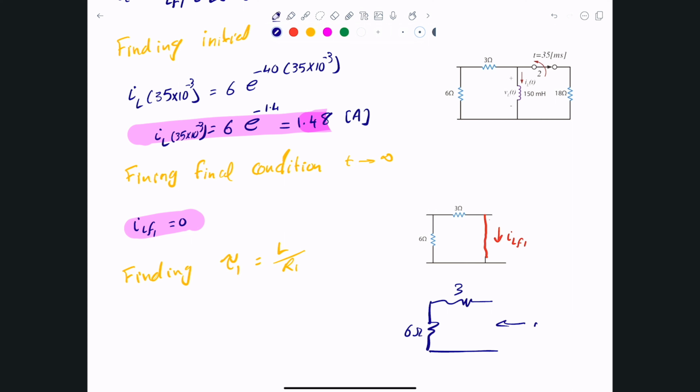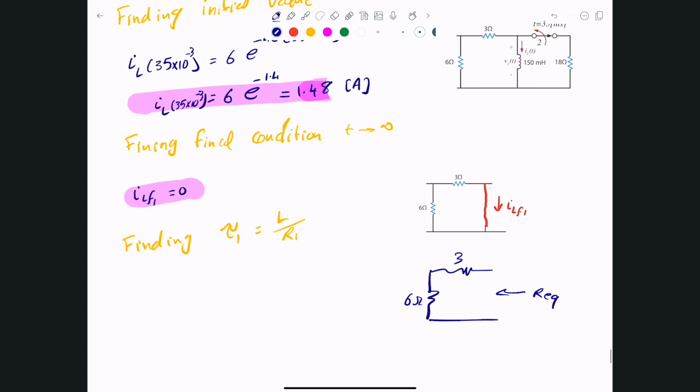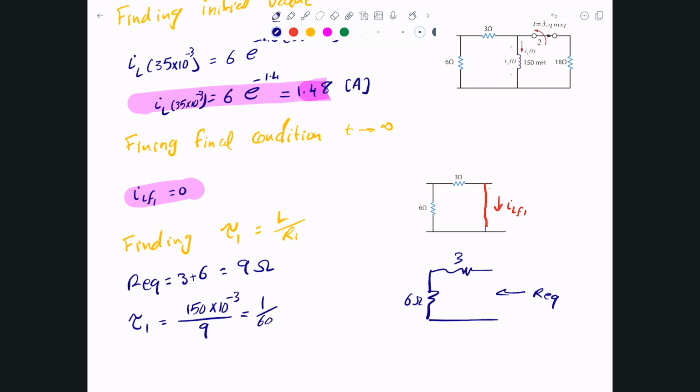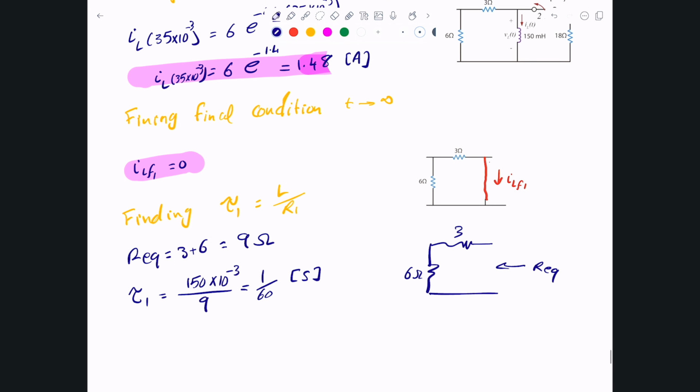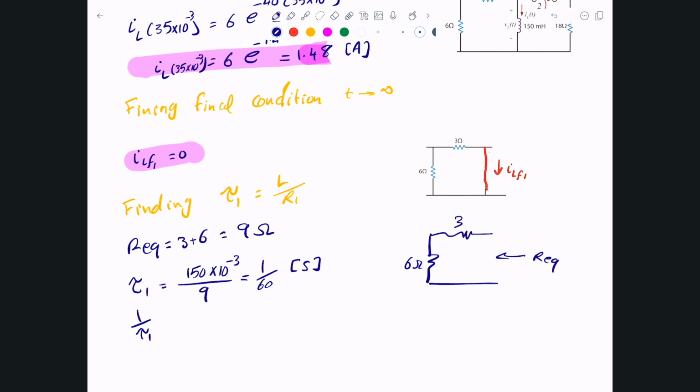What I'm interested in is the R equivalent that the inductor can see, which is just 3 plus 6, which is 9 ohms. That means tau 1 is 150 millihenries divided by 9, which equals 1 divided by 60 seconds. And of course, 1 divided by tau 1 is just simply 60 second minus 1.